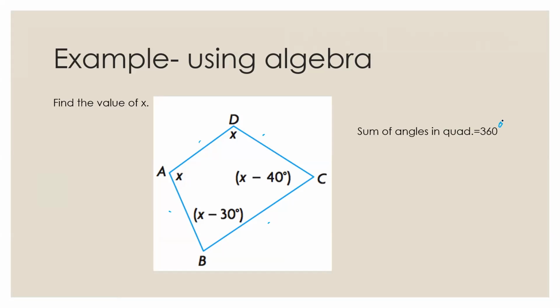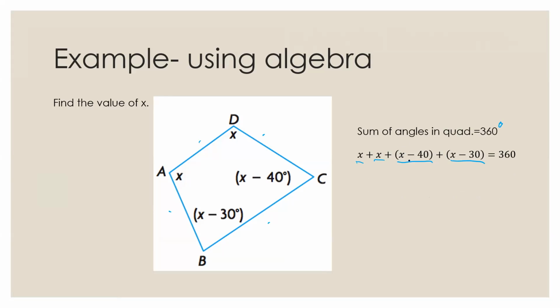Well, what do I do if I had numbers? If I had numbers, I would simply add the angles up, and I would make it equal to 360 degrees, because I know that's what they add up to. The only difference is that I don't actually know the values of the angles, but I can still follow this in the same way. I'm going to take each of the interior angles, even though there are variables, and simply add them up together to give me 360 degrees.